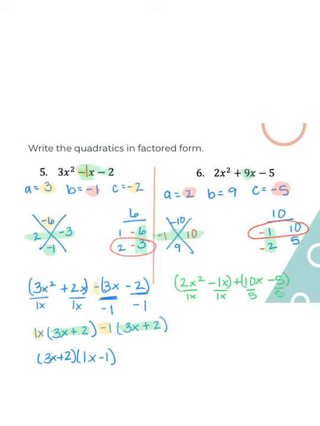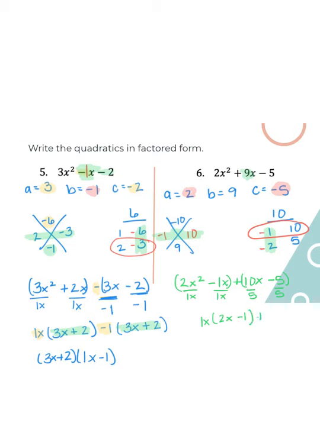Okay, I'm going to take what I'm dividing by to come out first. So I'm going to take that 1x, that's going on the outside. Start my parentheses, 2x squared divided by 1x. Well, 2 divided by 1 is 2. And x squared divided by x is just going to leave me with an x. And negative 1 divided by 1 is a negative 1. And then x divided by x cancels out.